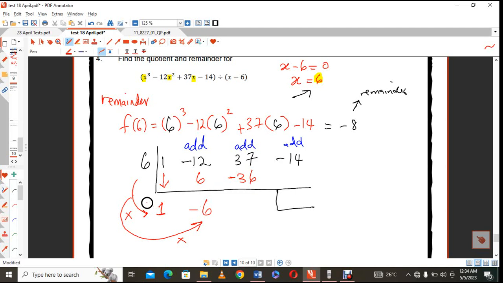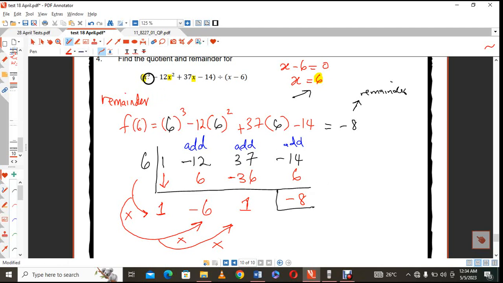My goodness gracious, 6 times negative 6, negative 36, I was wondering. Okay, anyway, if you add here, you're going to get a positive 1. And then if you multiply again, 6 times 1, let's make sure we get the correct sign, 6 times 1 is 6. And if you add this, surely you get negative 8, which is our remainder.